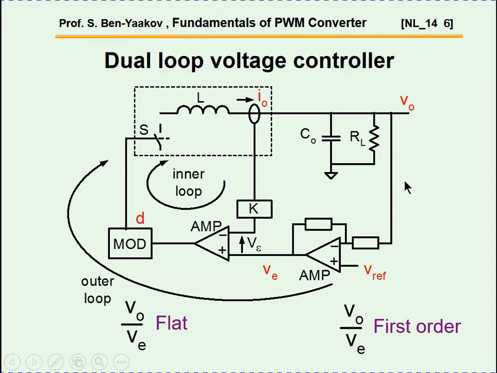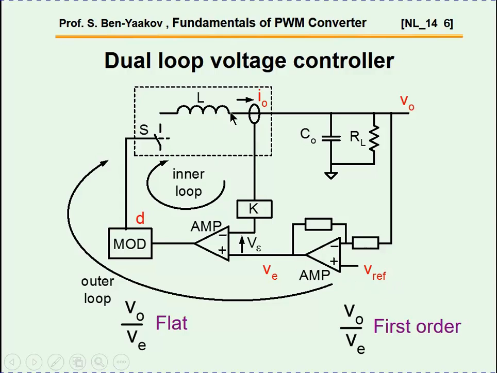There might be a voltage divider here, but let's say that we are comparing the output to this reference. So what will happen is that whenever the output is different from V reference, we'll generate an error signal which will change the level here, and consequently the current will change so as to close the gap and get back the output voltage that is specified by this V reference.